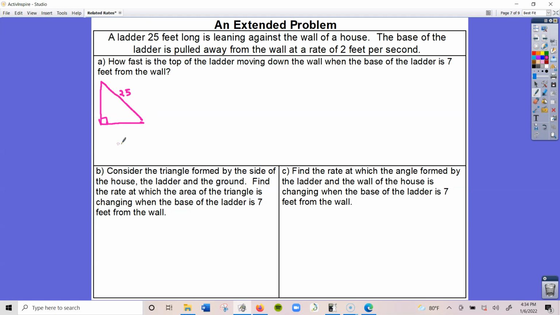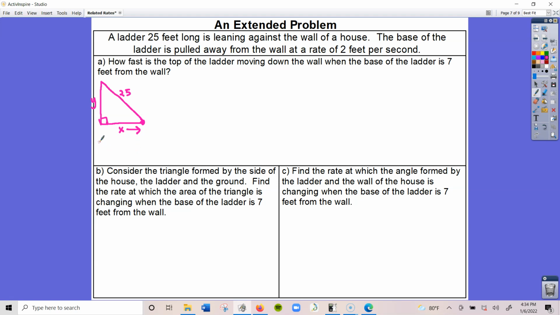Now, I'm going to label the sides of my triangle so that I can use variables. My ground, I'm going to call x. And the height that the ladder is leaning on the wall, I'm going to call y. So let's see what else we're given. The base of the ladder is pulled away from the wall. It's being pulled this way.